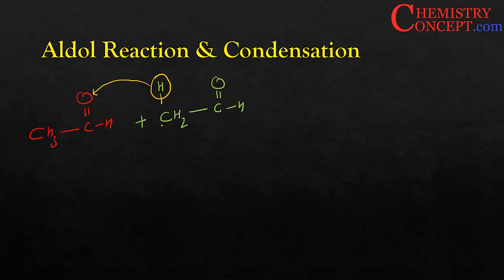And that particular alpha carbon along with the entire molecule gets attached to the carbonyl carbon of the other molecule. Hydrogen goes to oxygen, the entire rest of the molecule goes to the carbon. We get the product instantaneously, CH3CHOH CH2CHO. This color coding is to make this clear to you. Aldol is formed.